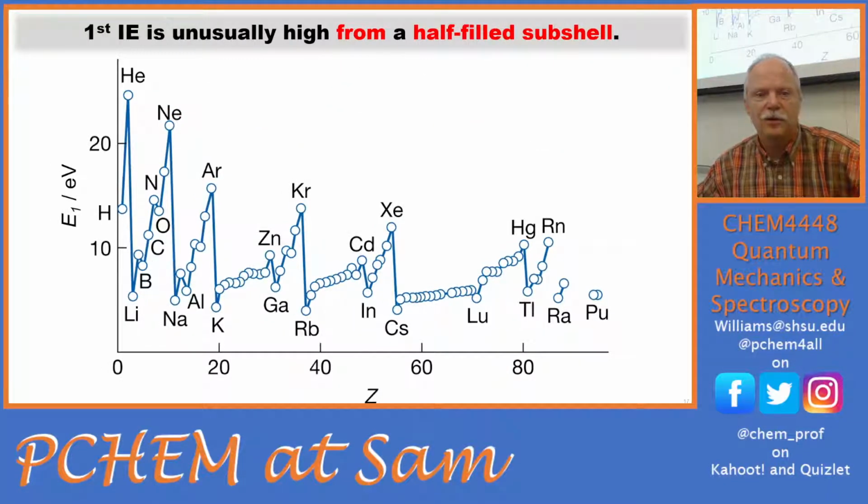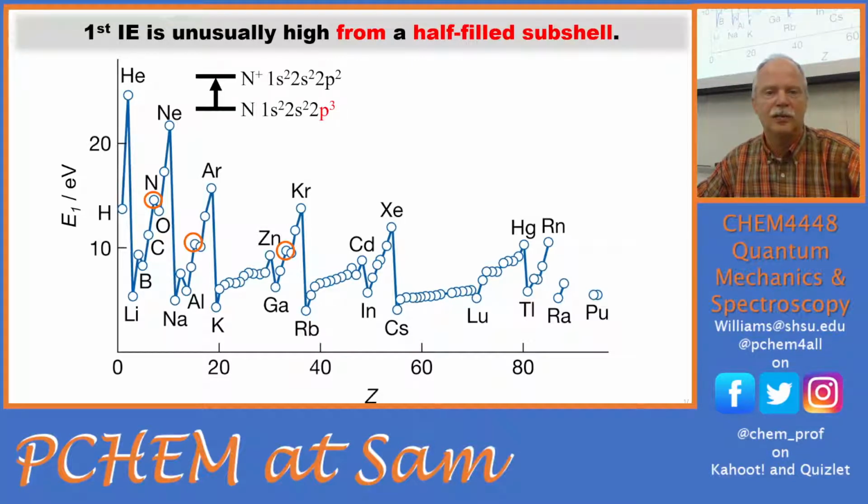Now, we also see this effect in the half-filled subshells. So this half-filled subshell would be nitrogen, and below it would be phosphorus. So notice there's also that little glitch of oxygen being easier to ionize than nitrogen. And that's because the nitrogen is unusually high in terms of its ionization potential, and oxygen's unusually low.